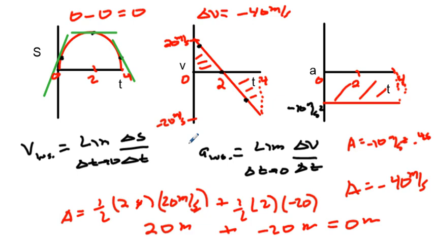But please remember, when we do experiments, you're going to know what your beginning displacement is, and you'll know what your beginning velocities are. So you would just record those and add the changes. So what does that mean? If I know my change in velocity is negative 40 meters per second, but I didn't know my beginning was 20 meters per second, then all I could get is my change, and I would never know exactly what velocity I was going at any given time.